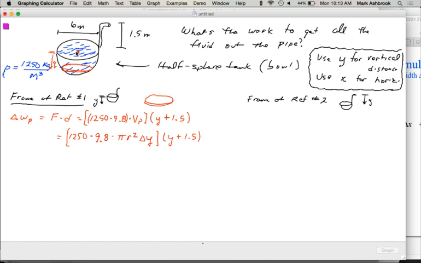So if we truly put the center of our frame of reference there, so this is y, and this is x, then what is the radius in terms of x? You see that the radius is just x, right? It's just the x coordinate of the point on the circle.